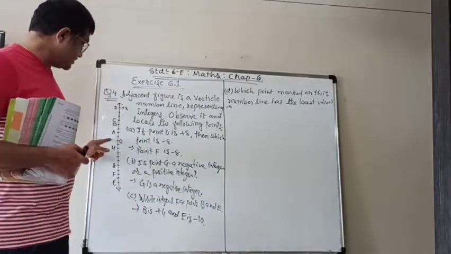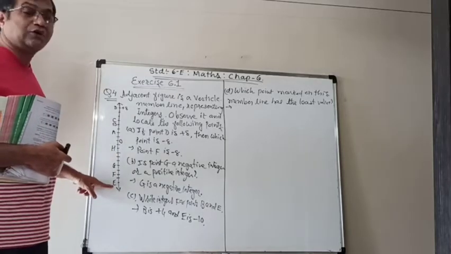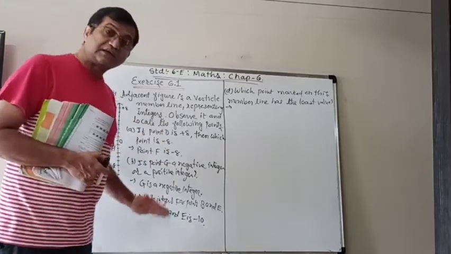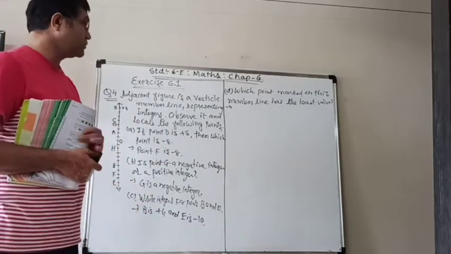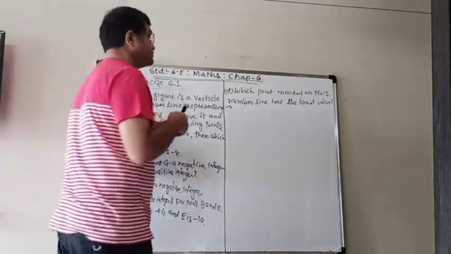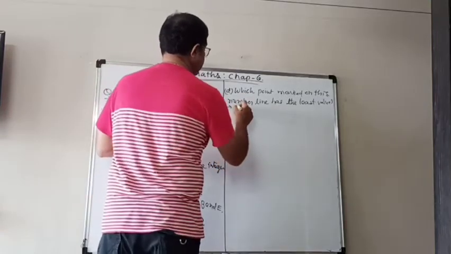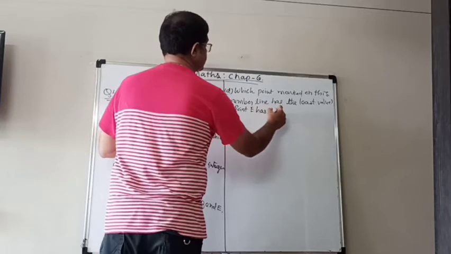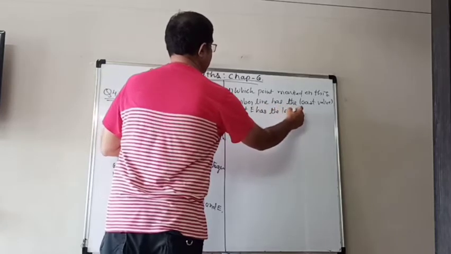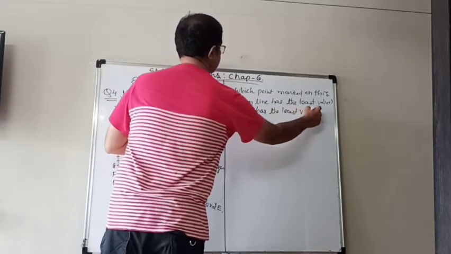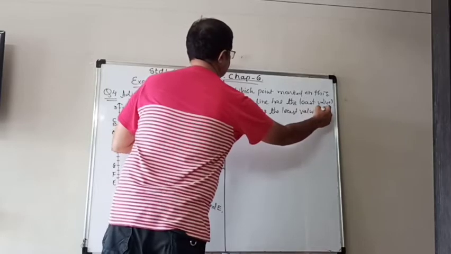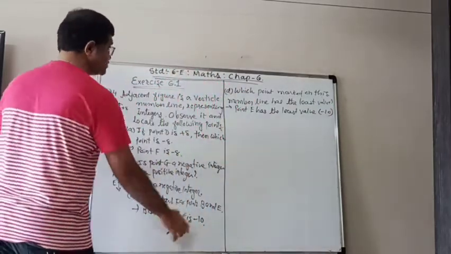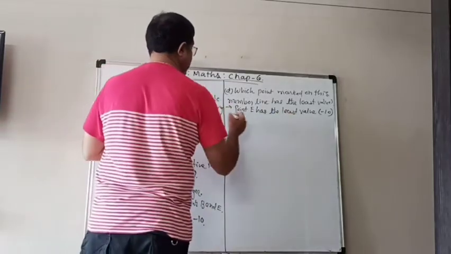So which will be the least value? Point E, because point E is at the bottom. So point E has the least value, minus 10, because we already counted it.